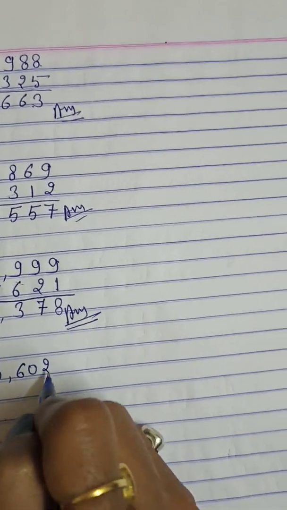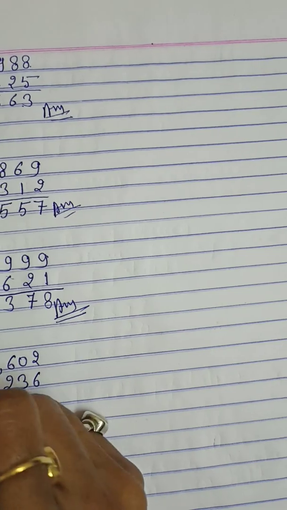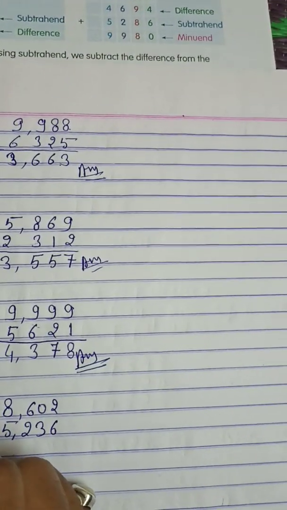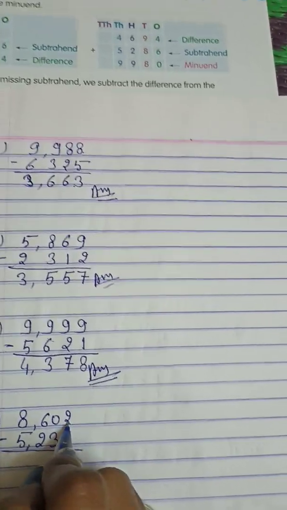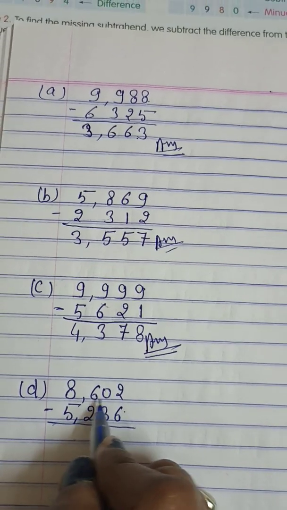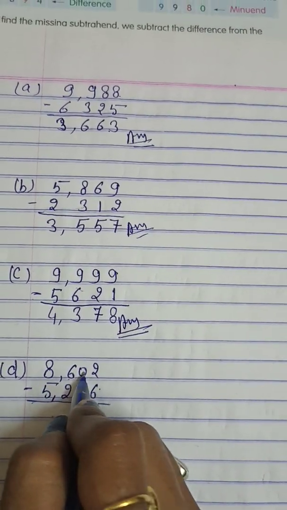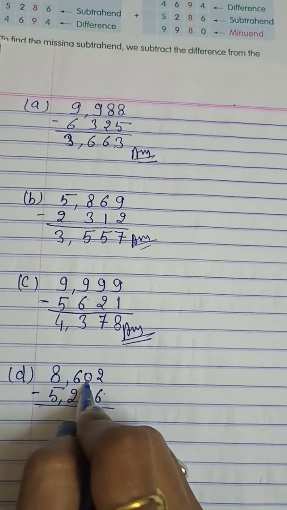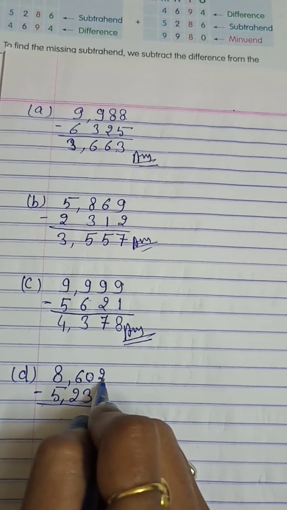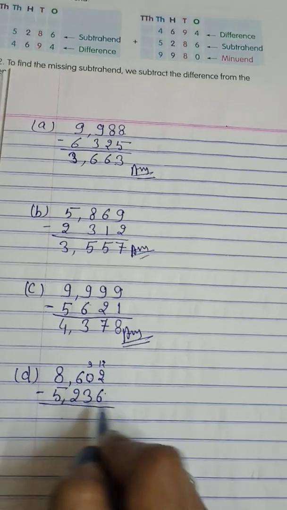8,602, and always write from the back side. This is right. Now minus it. Here you have 2 and 6. So what can we do in this? We have to borrow from 6 to this. So here we take 1. So here we have 10. We will give 1 to here. So what we have here is 9 and here we have 12.